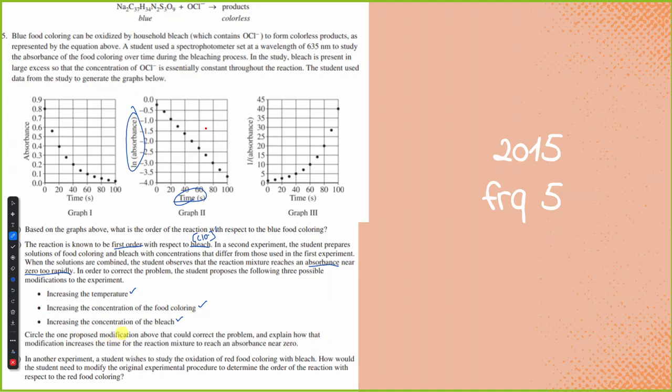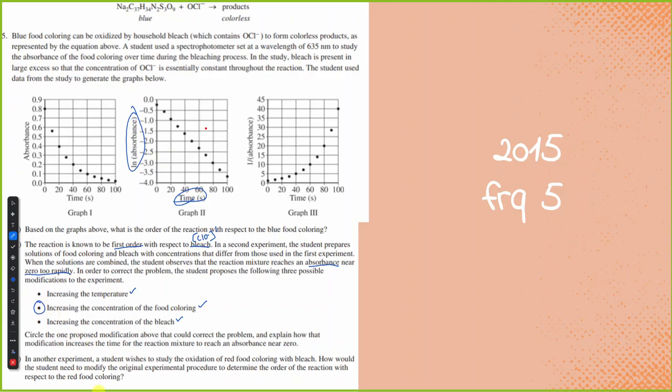The bleach concentration was probably too high to begin with, or the blue food coloring concentration was too low to begin with. So I'm going to circle the middle one. That's the one that I would change.